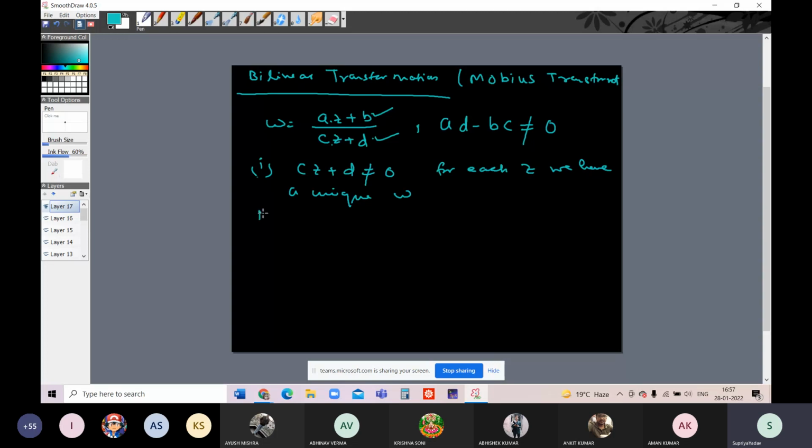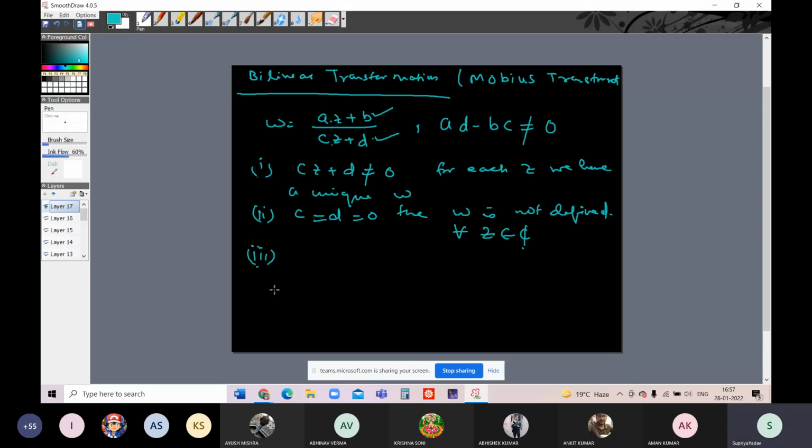And second, if both c and d are 0 simultaneously, then this function is not defined, w is not defined in finite complex space, for any z.